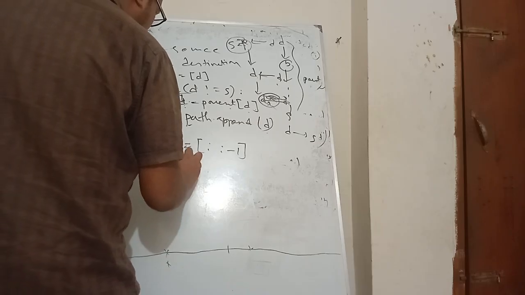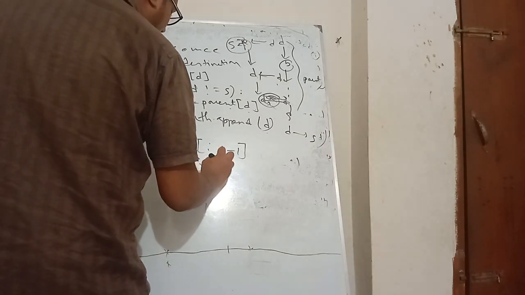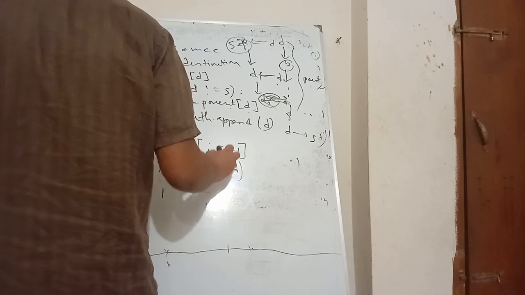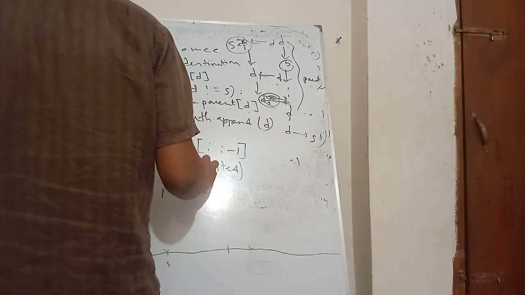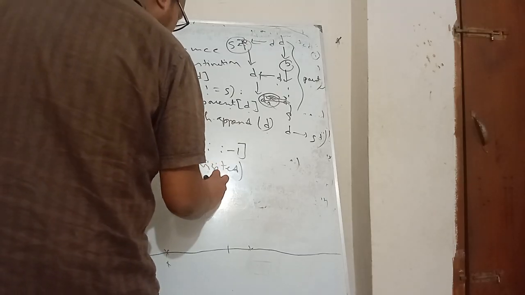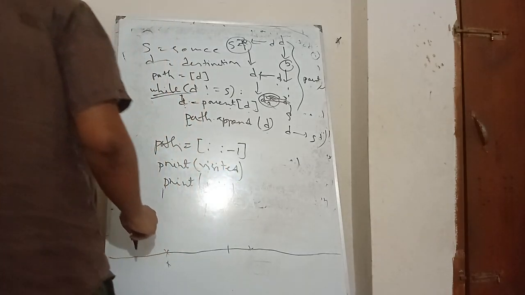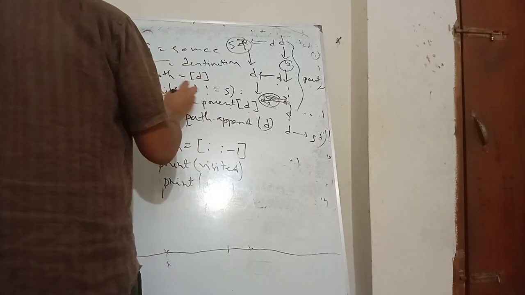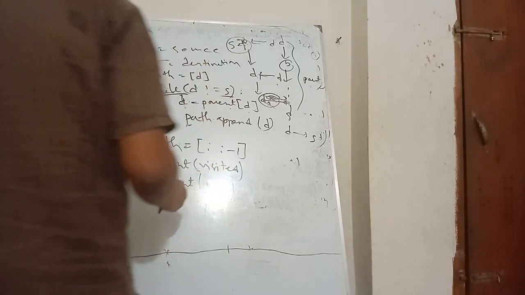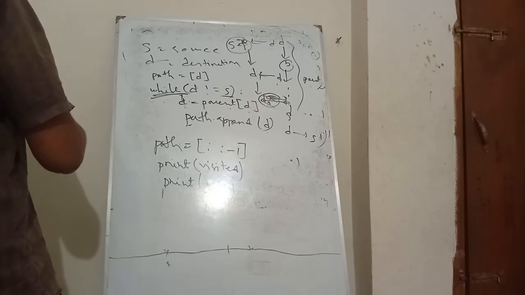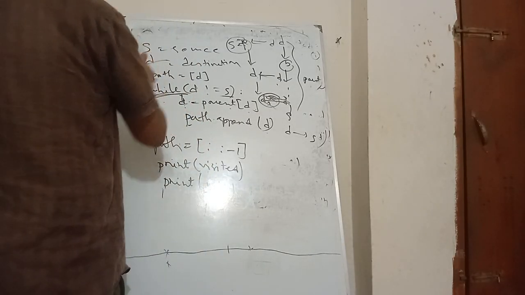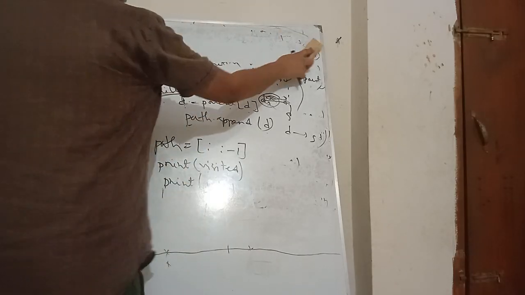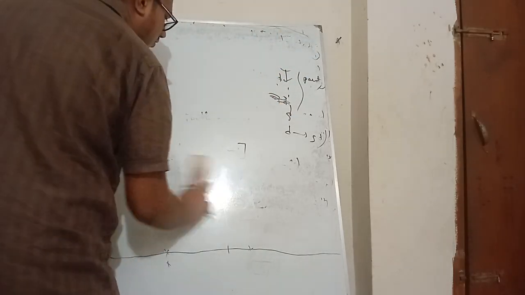We print visited, and we print path. This while loop stops when source is found. So this is our code.